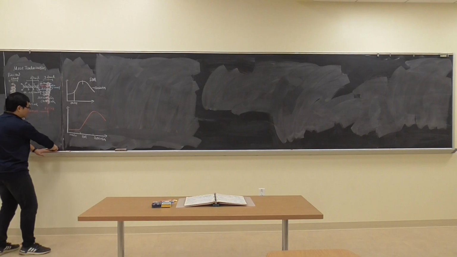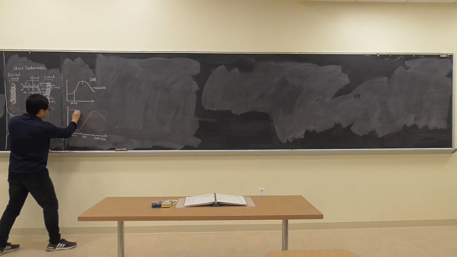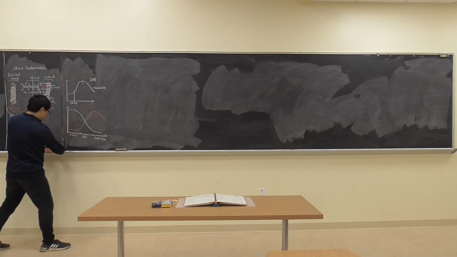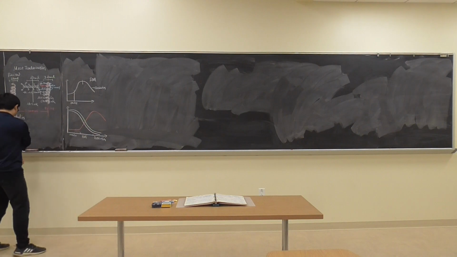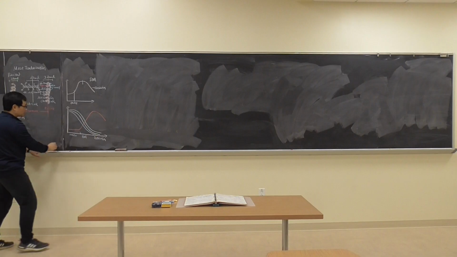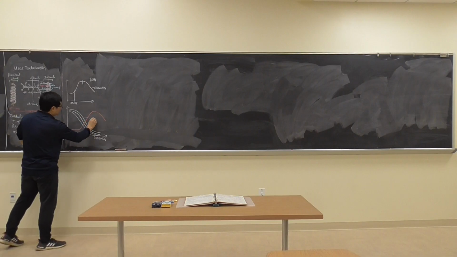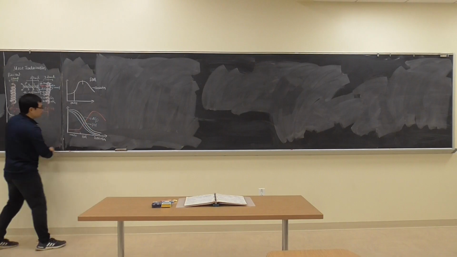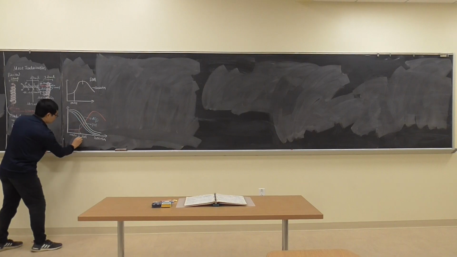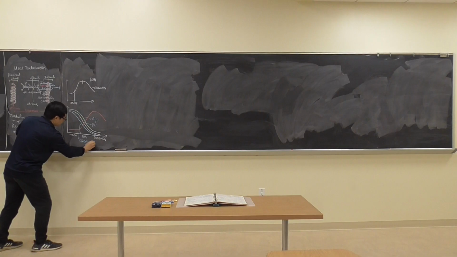But at the same time, you will see another curve looks like that, and another curve is also very similar. These three curves indicate the ATP, the pH, and also the glycogen amount.